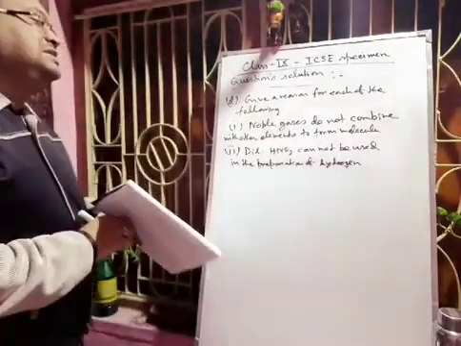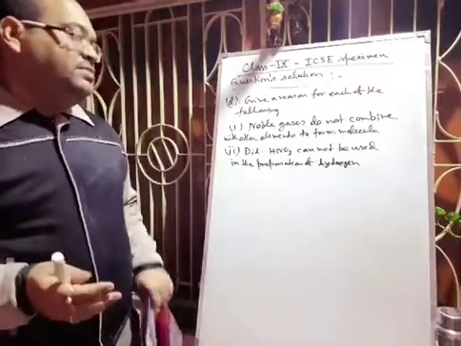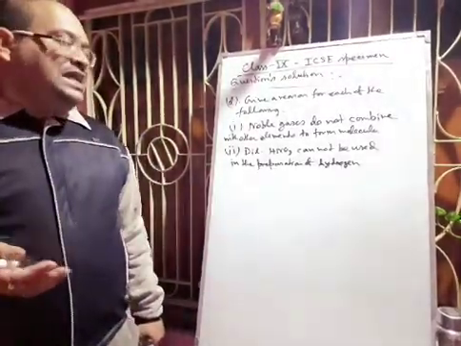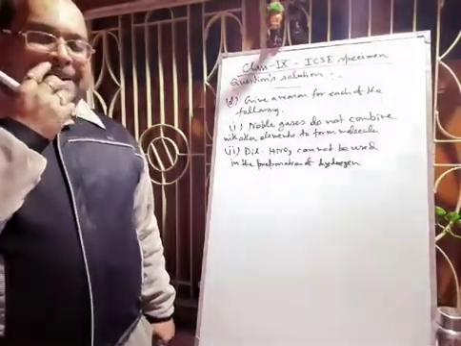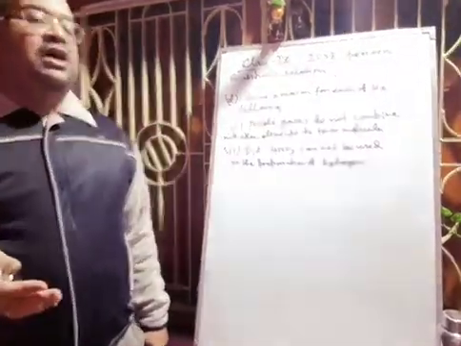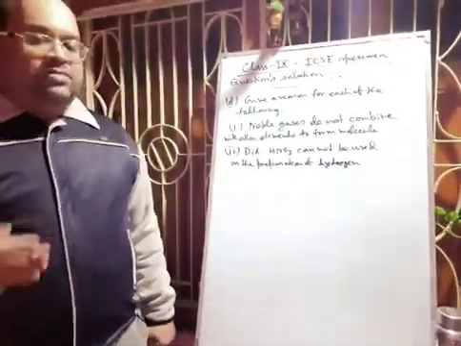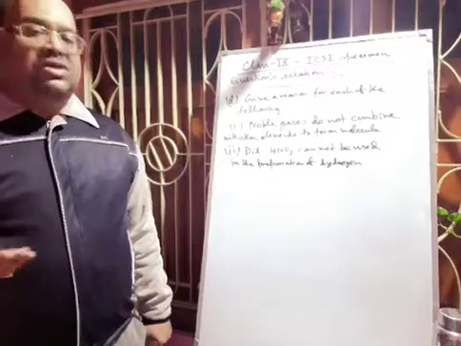This is because nitric acid is a very good oxidizing agent. When it reacts with a metal, the hydrogen formed will be oxidized to water, and there will be formation of different oxides of nitrogen.